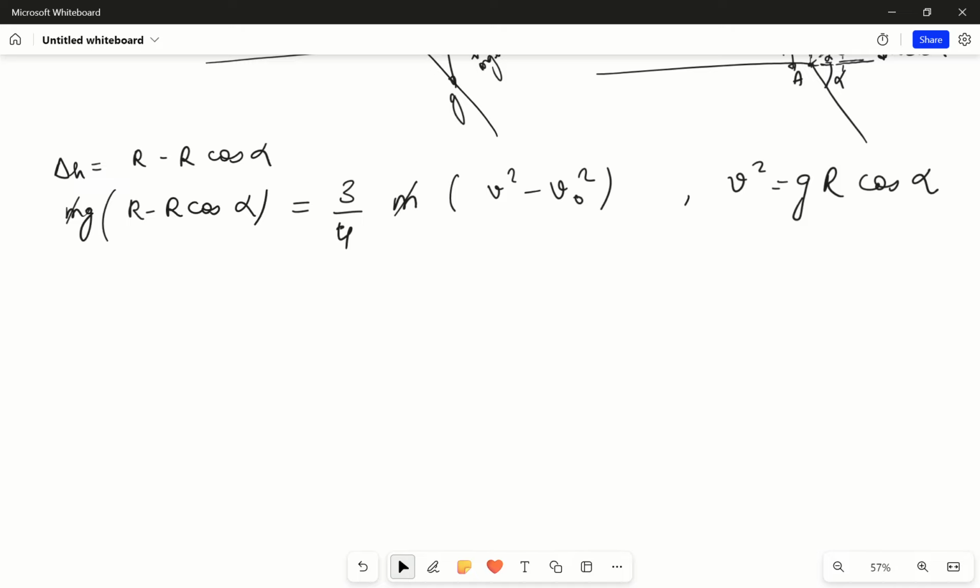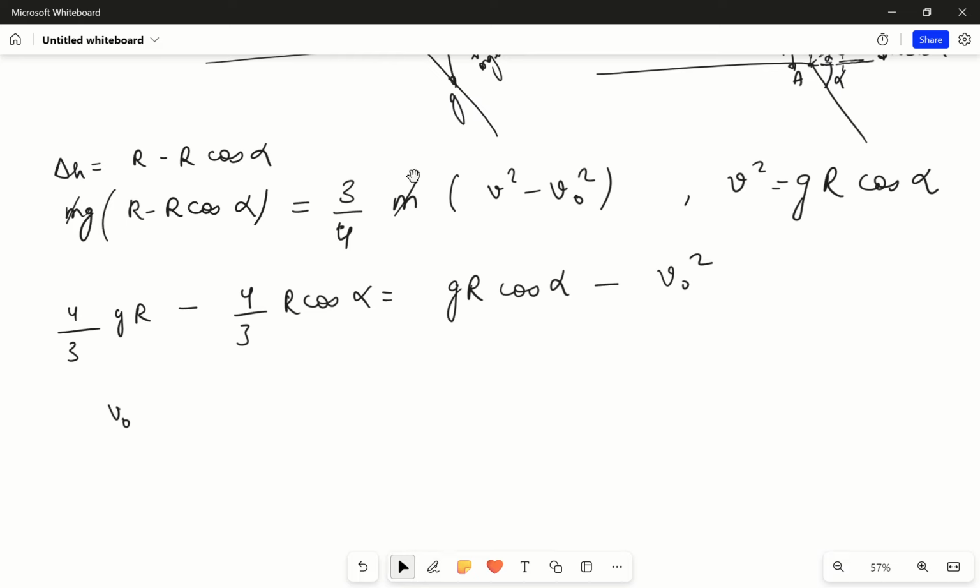First of all, let's cross multiply. We will be cross multiplying 4 by 3 gr minus 4 by 3 v naught square.